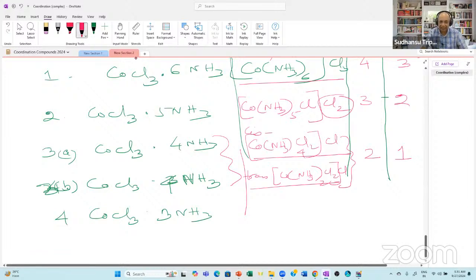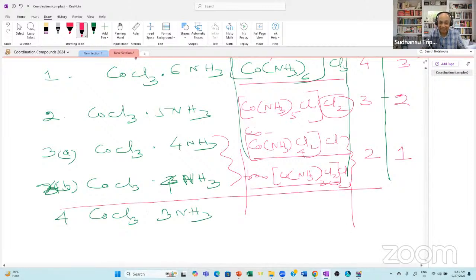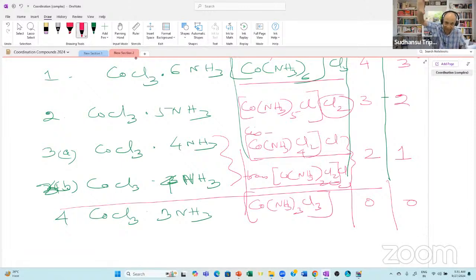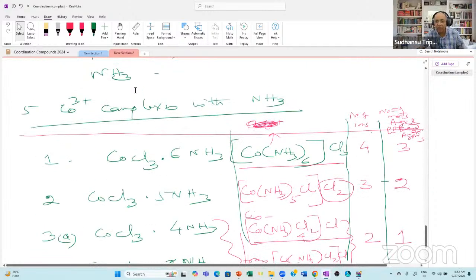And finally, there was no ion at all. This is [Co(NH3)3Cl3], nothing outside the coordination sphere. So 0, 0. No silver chloride was precipitated by adding bucket full of silver nitrate solution. No ion. This was corroborated by the conductivity.